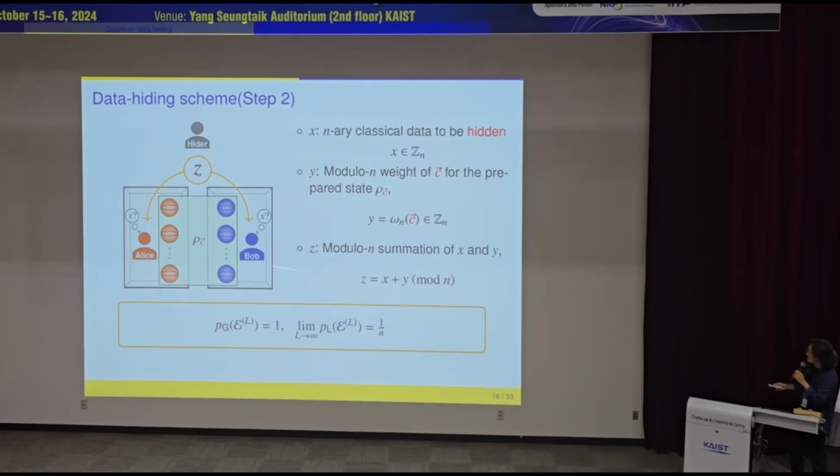So once Z is known to Alice and Bob, to recover X, they need to know what Y is, which is the weight of the index. But as mentioned before, if this condition is satisfied, then they need to collaborate to recover the data Y. That's the idea of data hiding, or that's the condition for this quantum data hiding.